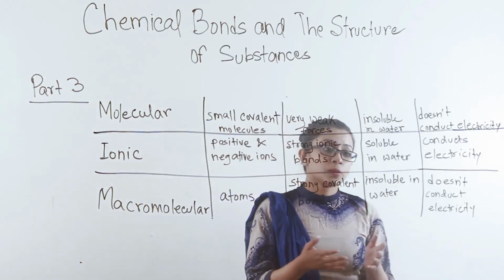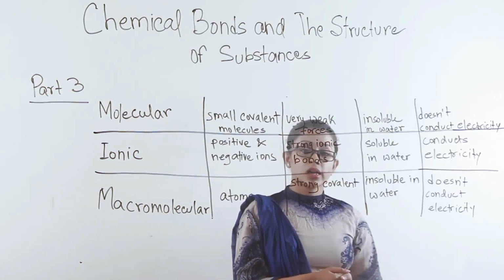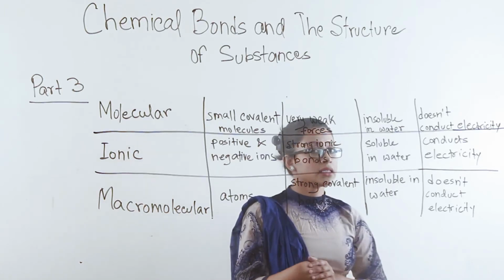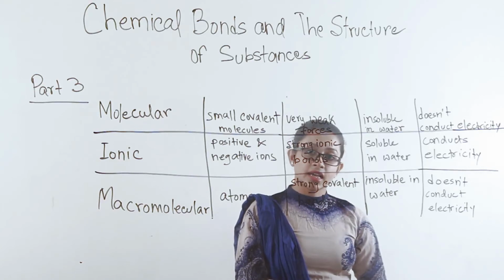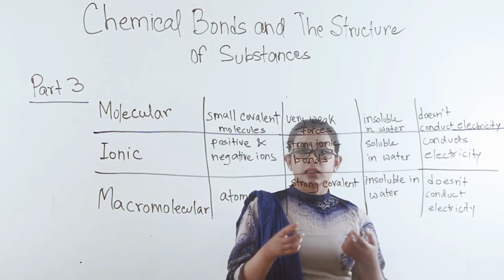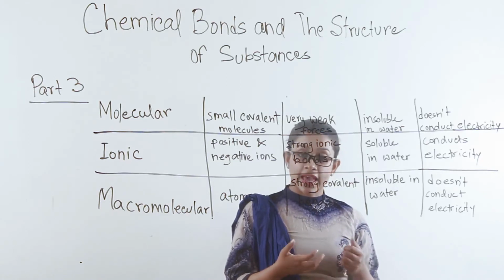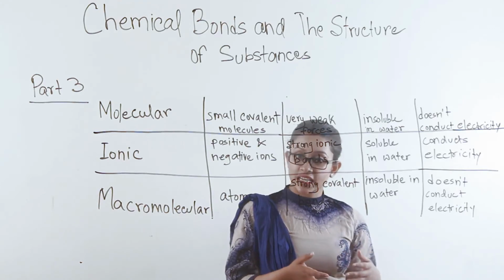Now, when we come to the part of solubility, we find that in case of molecular substances, they are insoluble in water. And ionic solids tend to be soluble in water chiefly because of the fact that water is a polar solvent, as in it is composed of a positive part and a negative part.